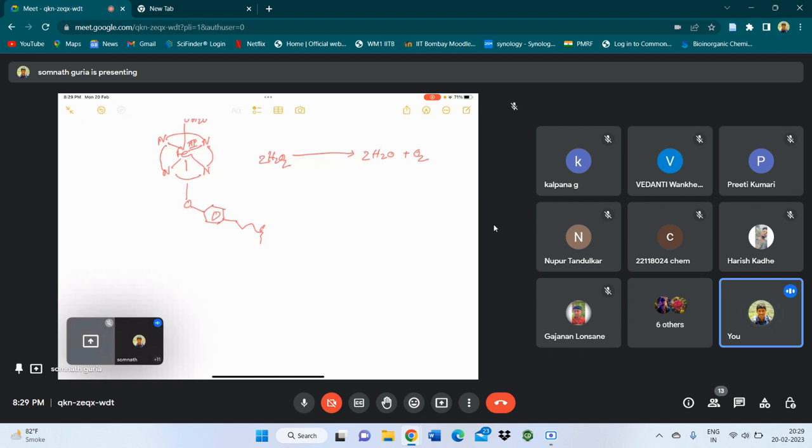Let's think: this is below the plane of the ring, and this is the tyrosine.